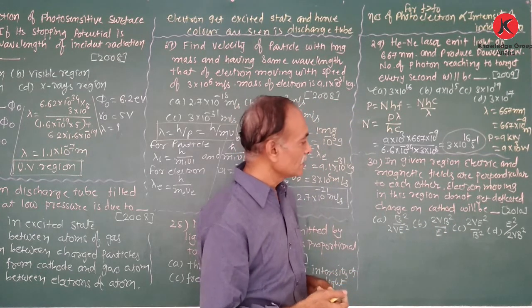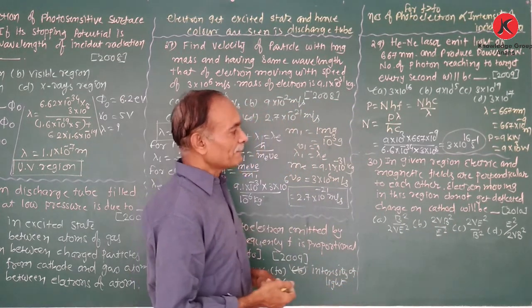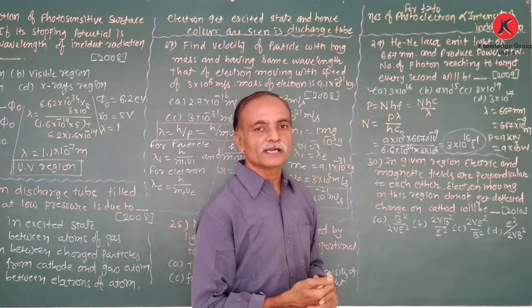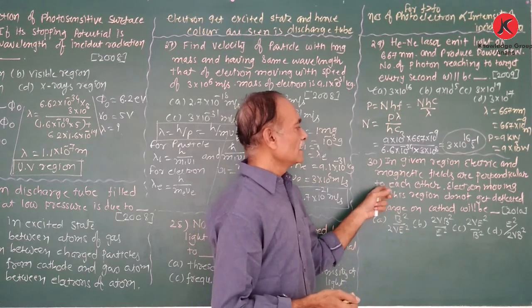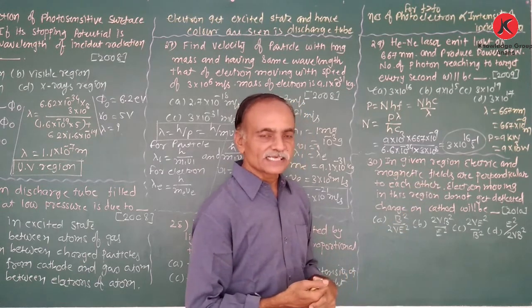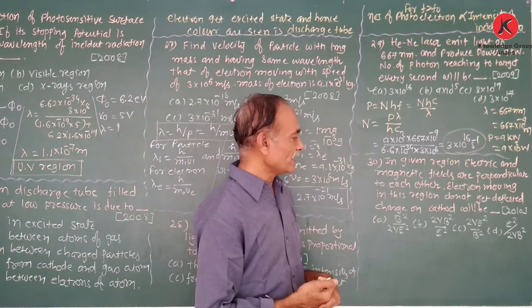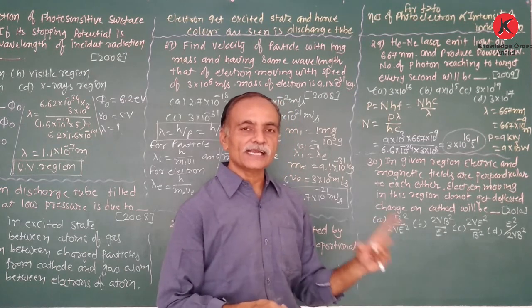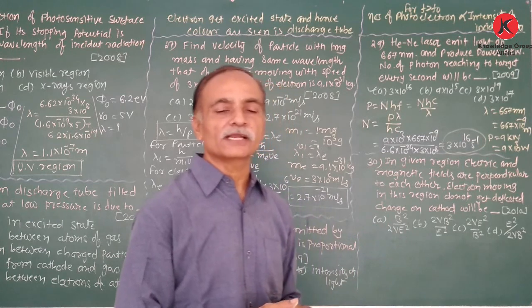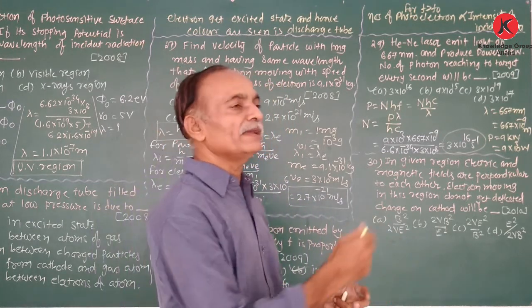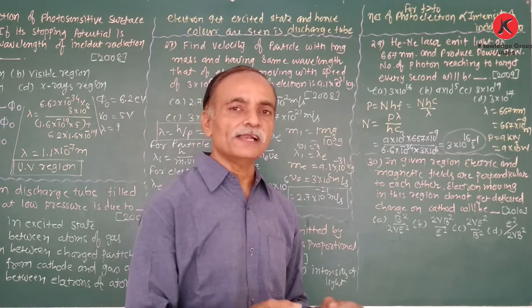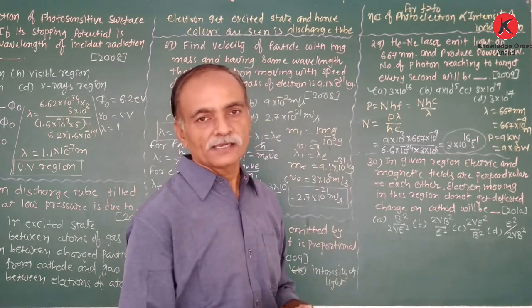16. Okay. After that, in a given region, electric and magnetic fields are perpendicular to each other. Electrons moving in this region do not get deflected. The charge on cathode will be? So here the electric and magnetic fields are perpendicular to each other. When the electron beam passes through this region, it is not deflected by this field.